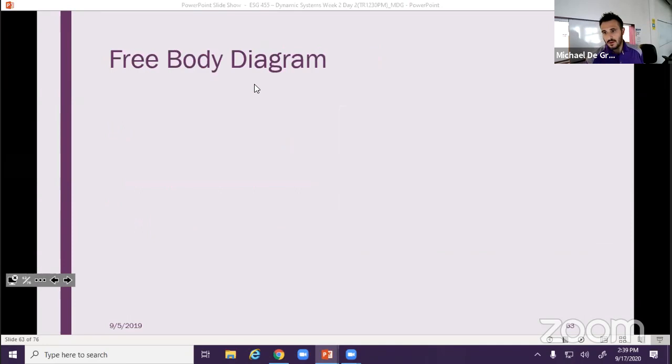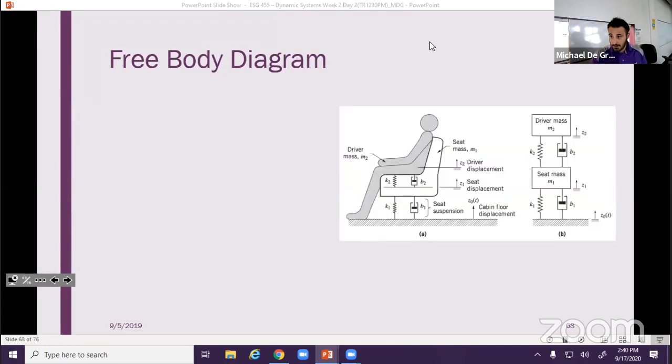So before we do that, I'm going to pull that schematic over so that we can all look at it while we draw the free body diagram. Okay, so there it is. Let's draw free body diagram.